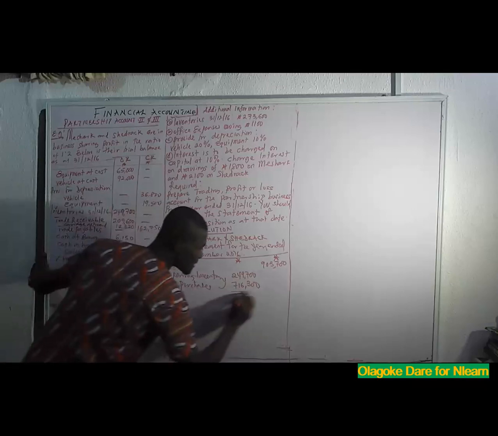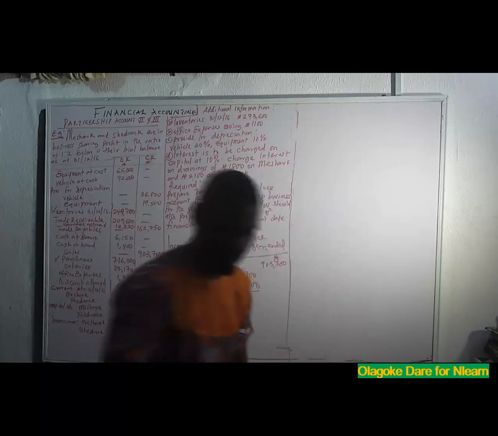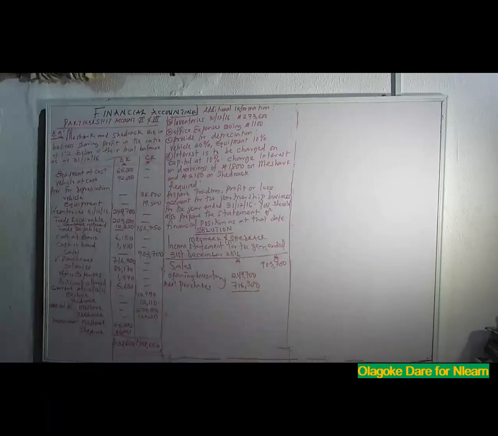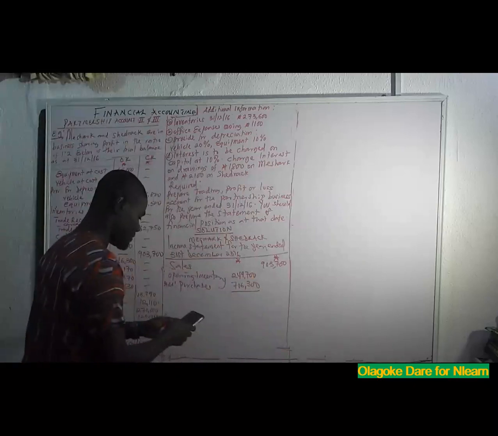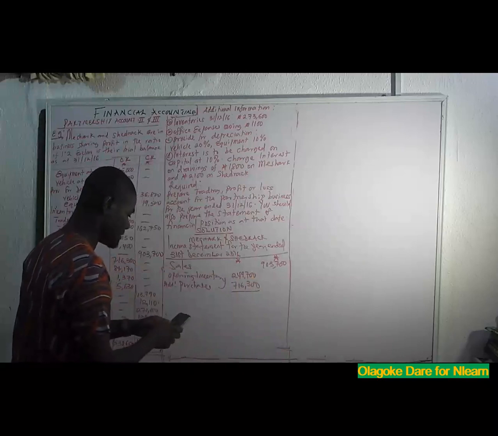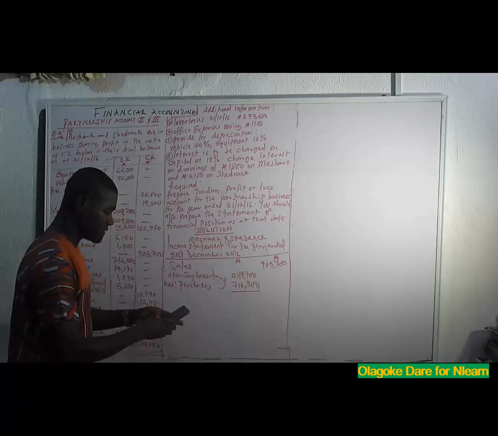So let's add them together. What do I have? 249,700 plus 716,300.